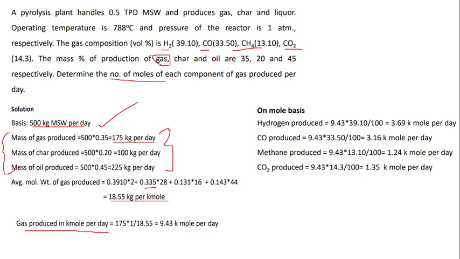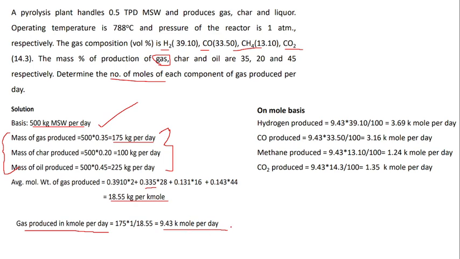So for 1 kilomole, 18.55 kg are produced. Okay. For 175 kg, how many kilomoles are produced in a day? Just multiply 175 into 1 by 18.55 so that you will obtain 9.43 kilomole per day.